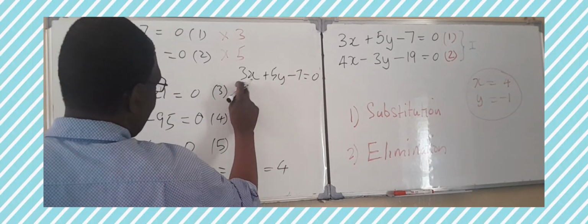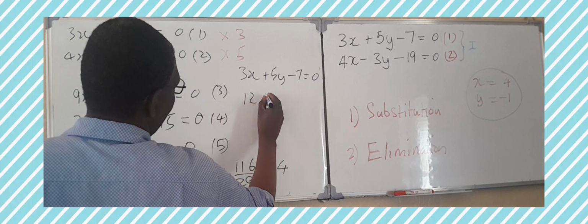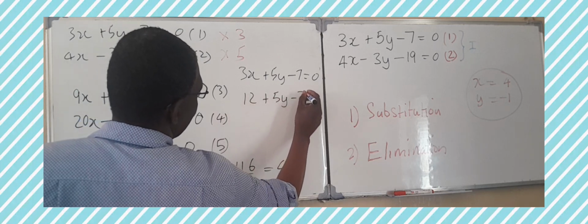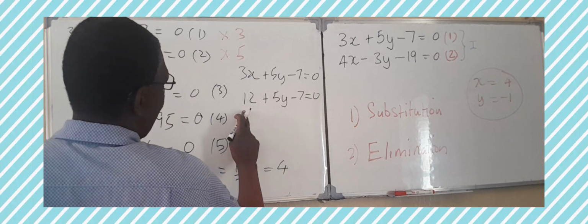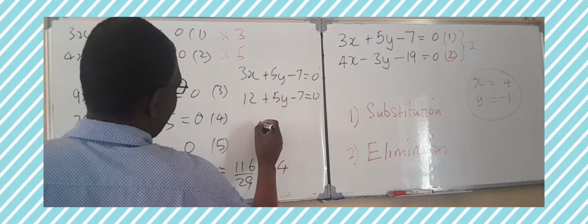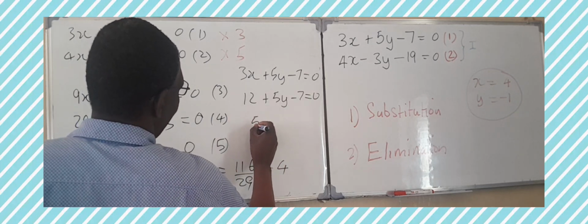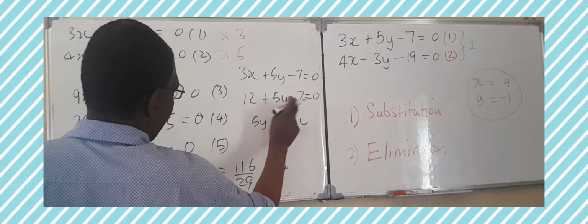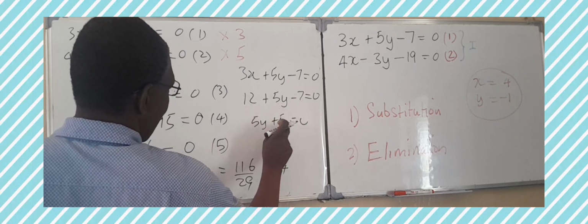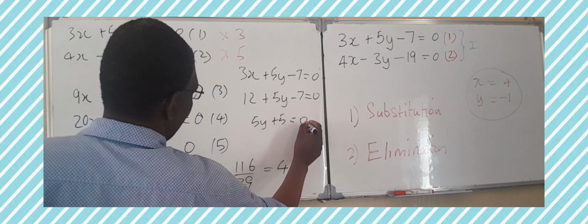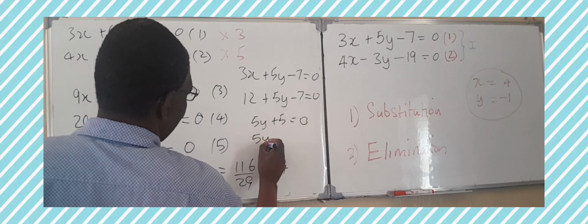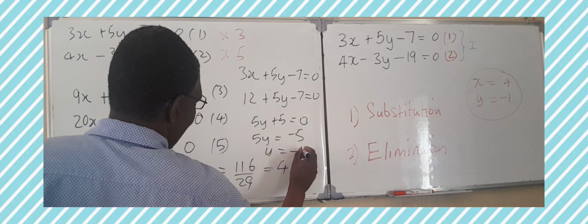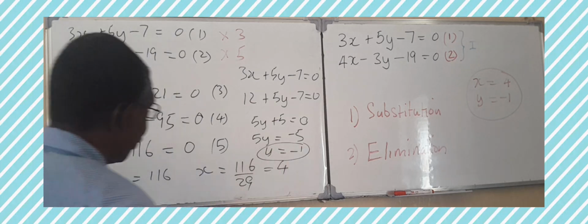So we have 3 times 4, which is 12, plus 5y minus 7 is equal to 0. 12 minus 7 is 5. So it's 5y plus 5 is equal to 0. So if 5y plus 5 is equal to 0, what is y? We have 5y is equal to minus 5. y is equal to minus 1, as we found previously.